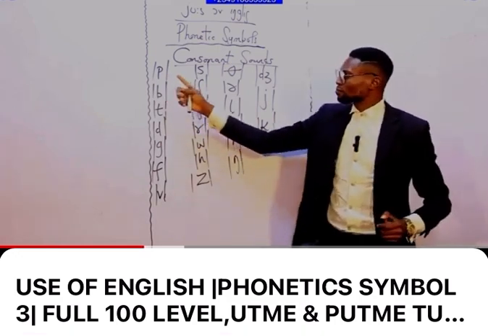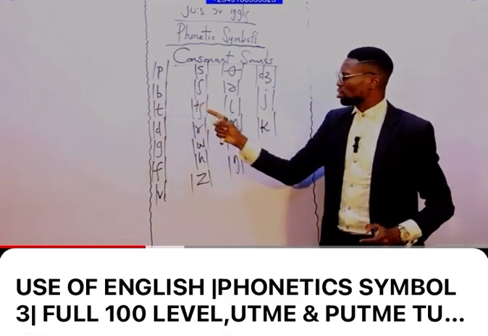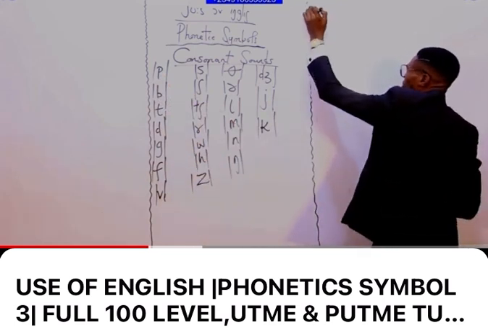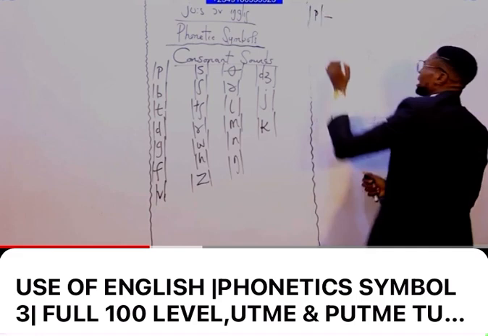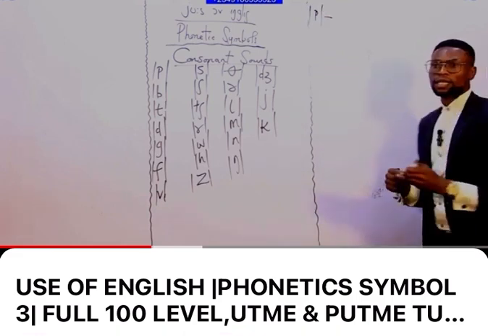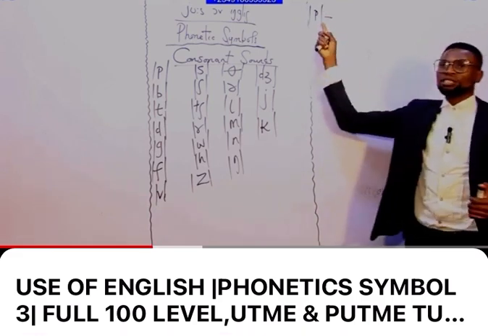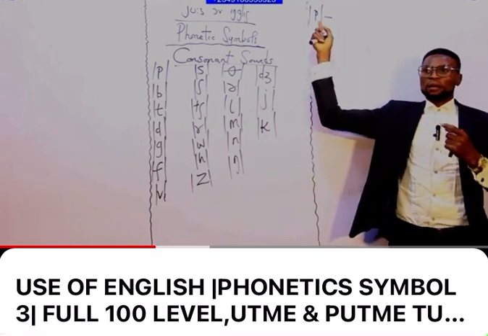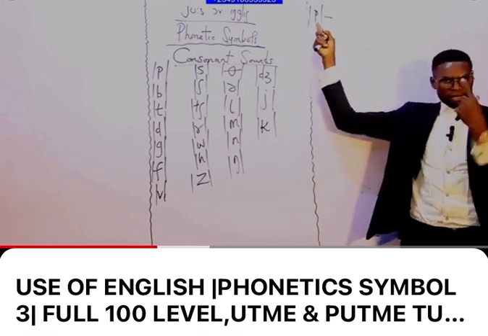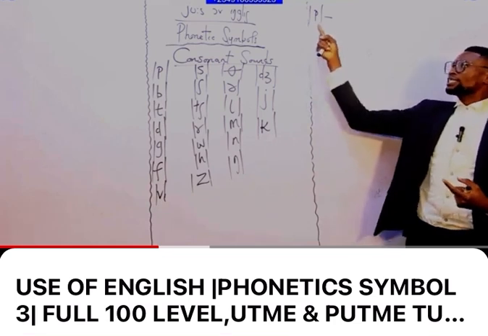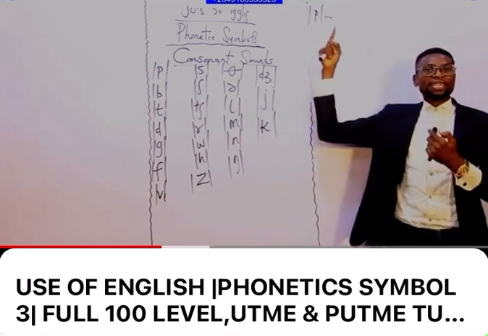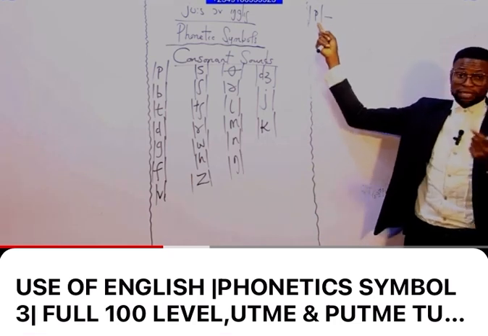Let me quickly discuss a few of these sounds. Let me take this sound. Of course, if I'm teaching English students, I will call this plosive, bilabial, and there is a sudden release of air, that is plosive.